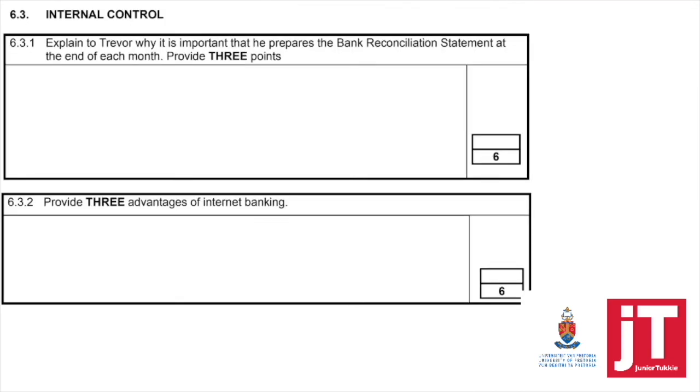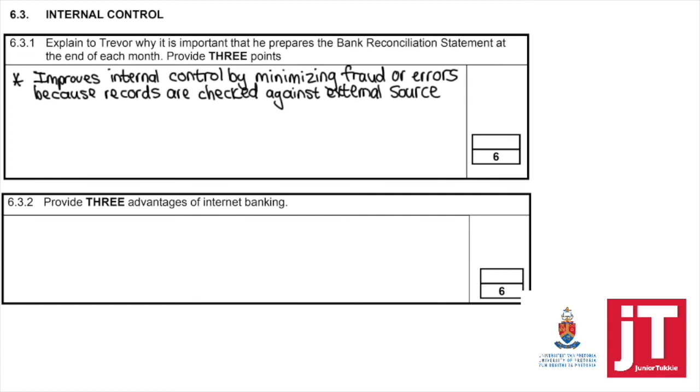The last questions, internal control. Explain to Trevor why it is important to prepare a bank reconciliation statement at the end of each month. Provide 3 points. So this is to improve internal control by minimizing fraud or errors because records are checked against an external source.